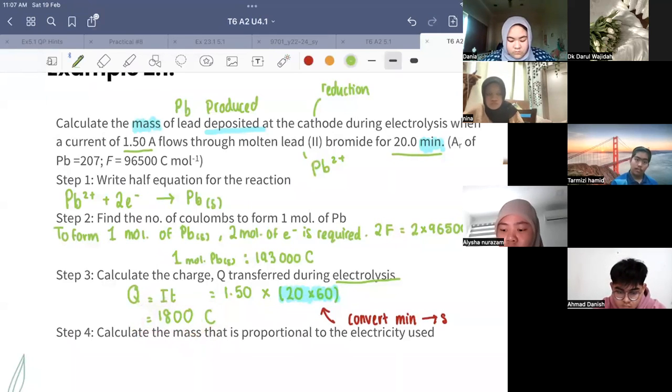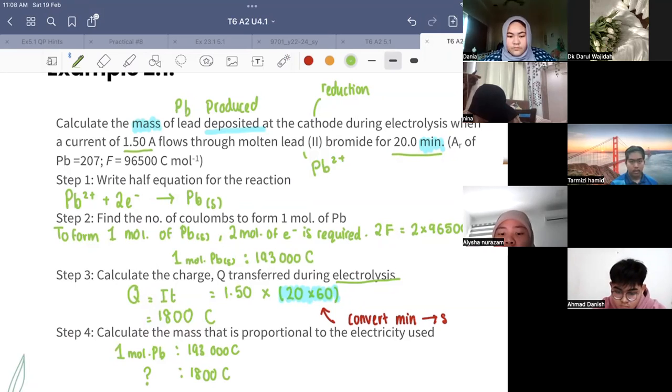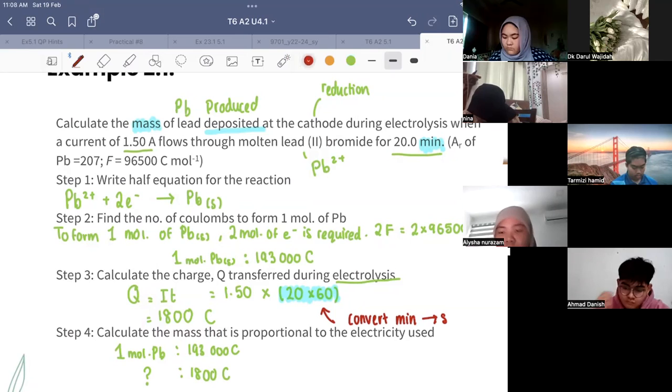So the next step is that if I have 193,000 coulombs, I can produce 1 mole of Pb, but in my electrolysis, I only have 1,800 coulombs. So how many moles of Pb would be produced for that much charge?